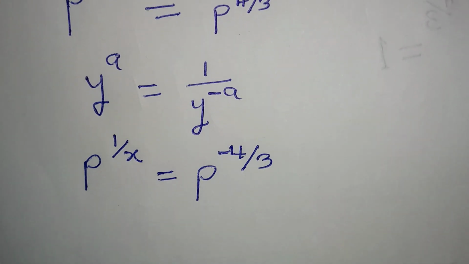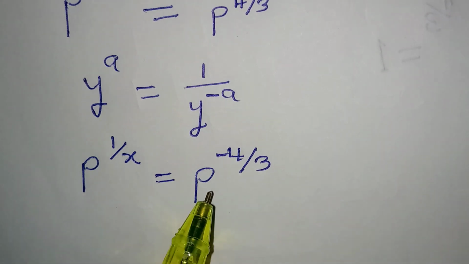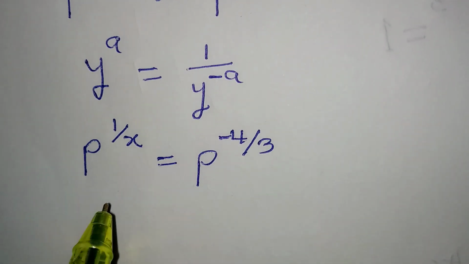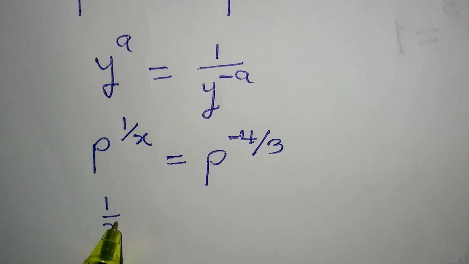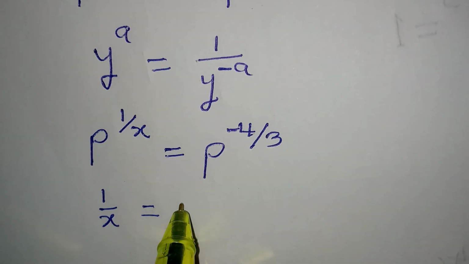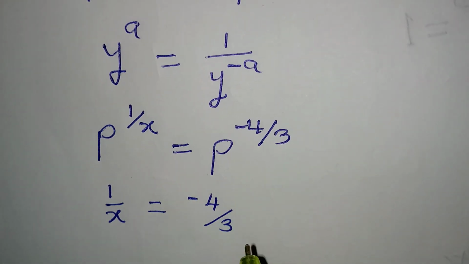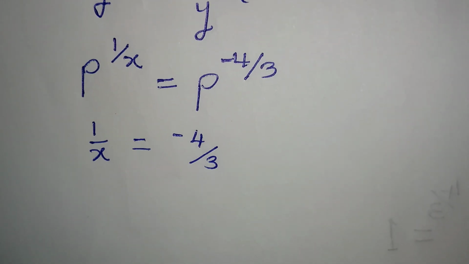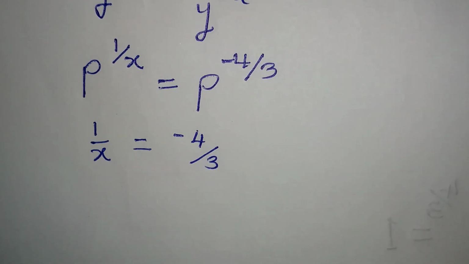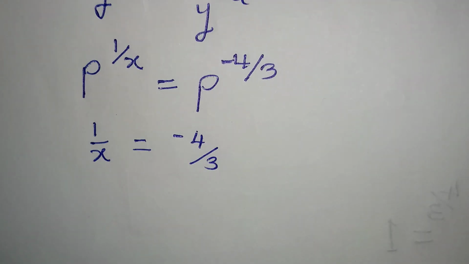Now the powers are going to be equal because the bases are the same, meaning that 1 over x should be equal to minus 4 over 3.